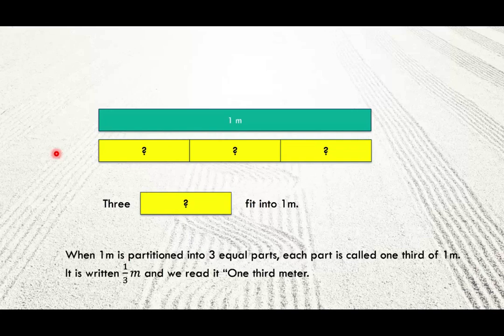This is when 1 meter is partitioned into 3 equal parts. Each part is called 1/3 of 1 meter. So it is written 1/3 meter, and we read it 1/3 meter. That's the way to introduce the part of a whole meaning.